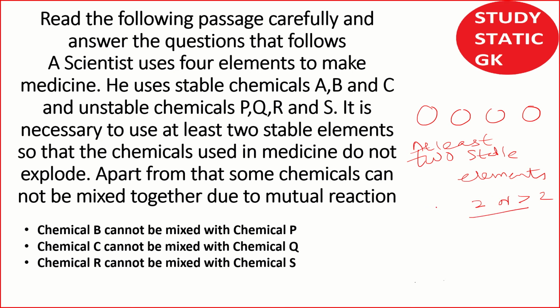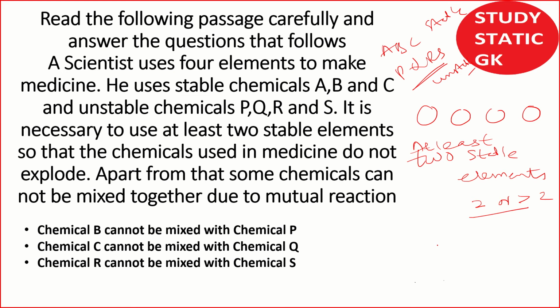Right? 2 stable elements should be there. And the basic conditions are these: A, B, C are the stable elements, and P, Q, R, S are the unstable elements.